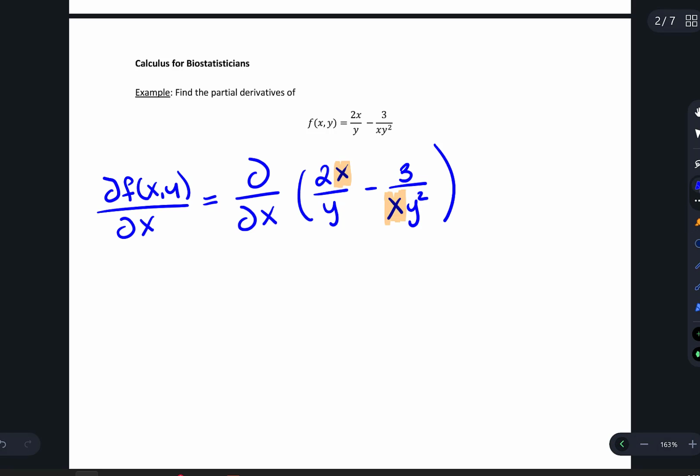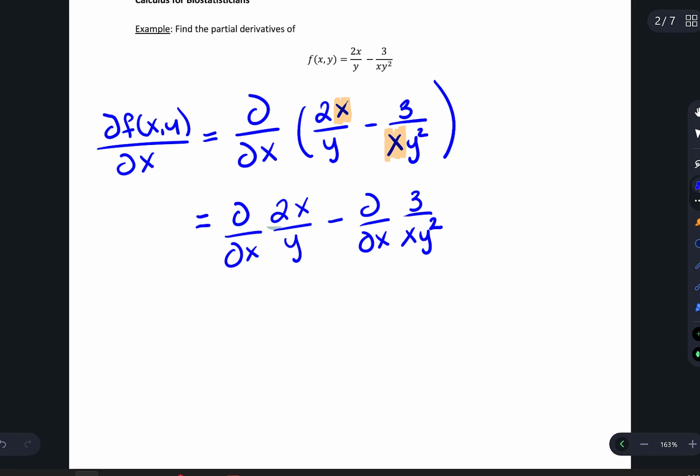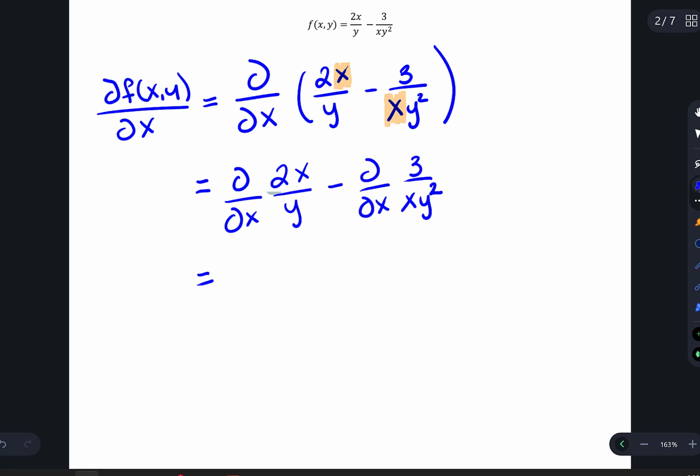All right, so starting out, I know by derivative rules that we've seen previously, I can go through and the derivative of the sum is equal to the sum of the derivatives. And again, everything that is not an x, we're going to treat as a constant.